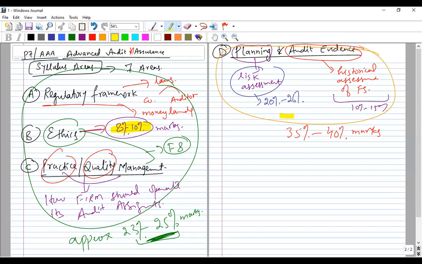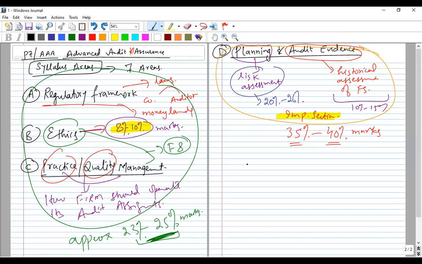This is a very important section of your paper because it carries 35 to 40% marks. Risk assessment was already examined at AA F8 level, and it is still examinable at AAA P7 level.